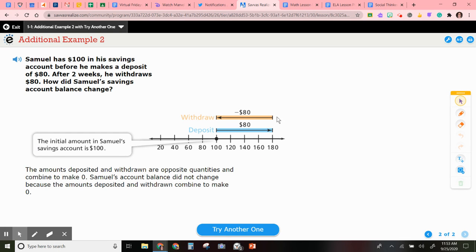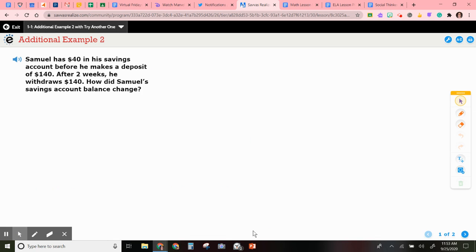Deposited 80, withdrew 80. Let's look at one more. Again, he has $40 in his savings account. We don't even need to look at that, do we? He makes a deposit of, that's a fun word, a deposit of $140.